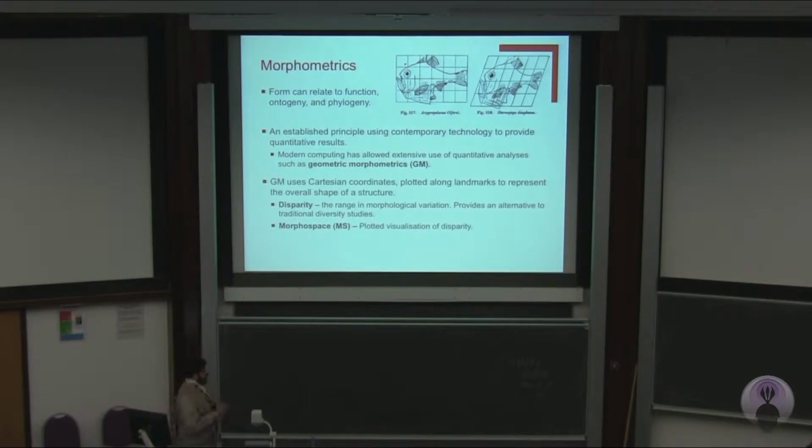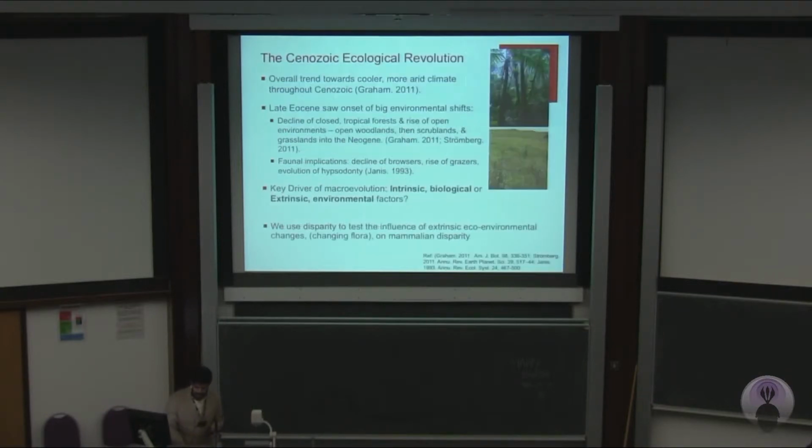And that's why we decided to apply geometric morphometrics to mammalian mandibles to test macroevolution during the Cenozoic. Mammalian diversity through this period has long been studied because it relates to a big debate in paleontology between drivers of macroevolution.